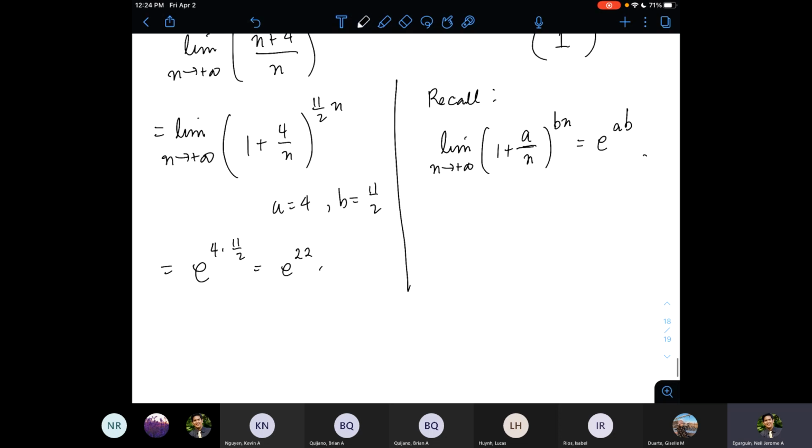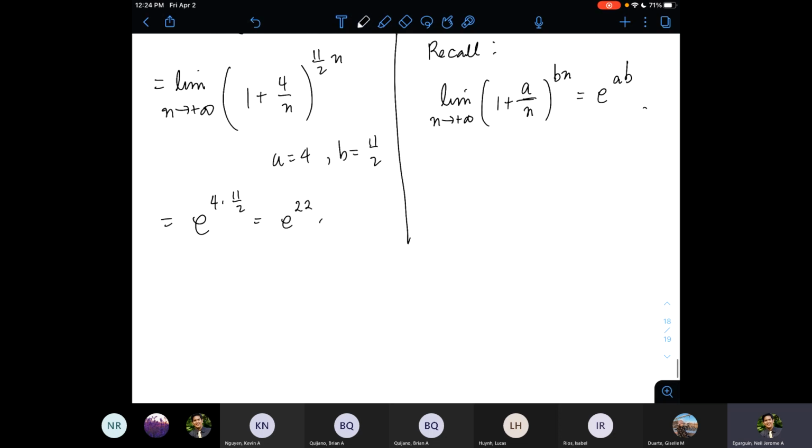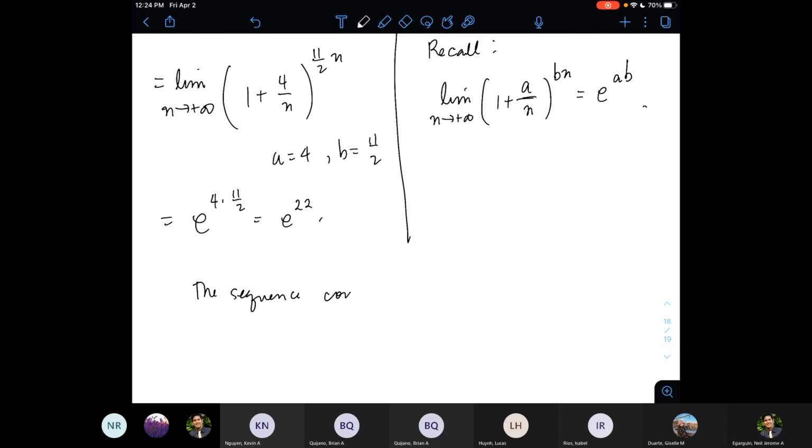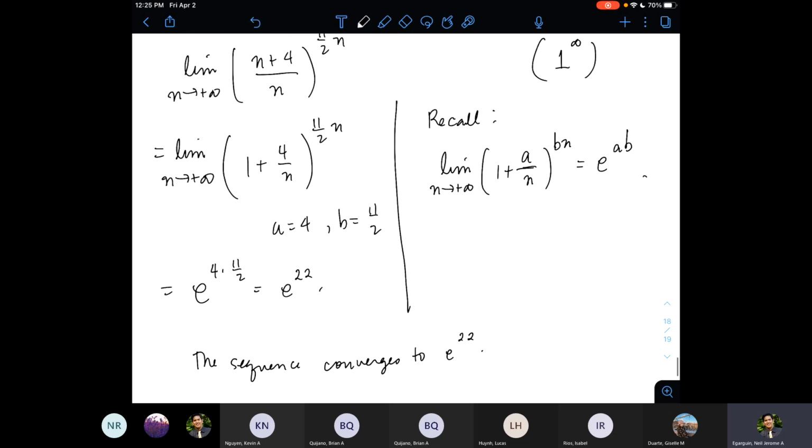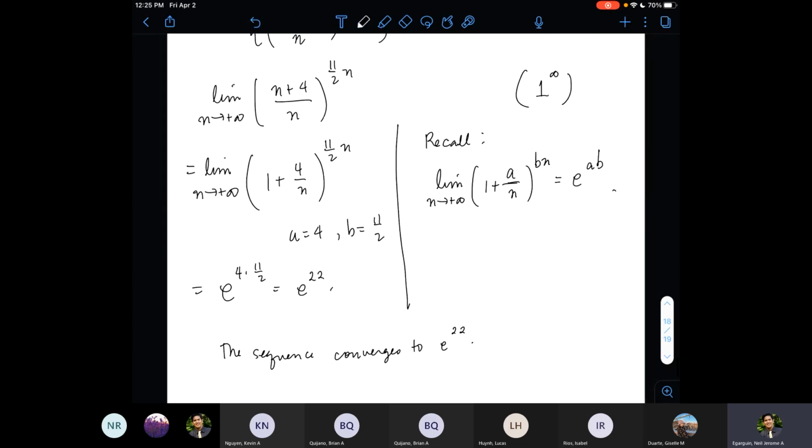All right. So that means, yes, the sequence converges to e to the 22, right? And again, this is an example that the form of our term is 1 raised to infinity.